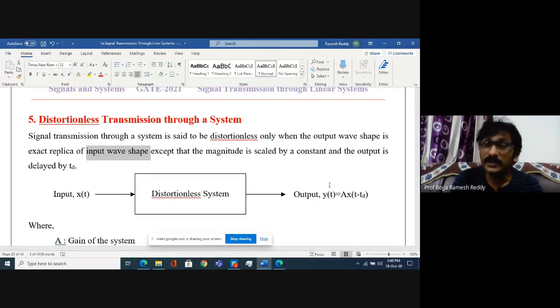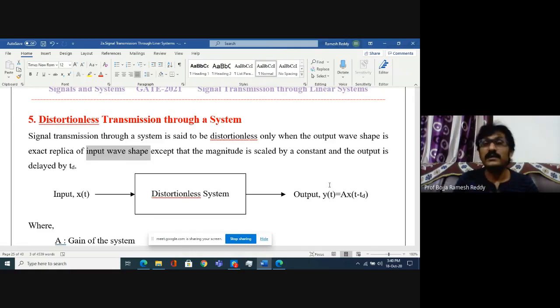The delay may be 1 microsecond, 1 millisecond or 2 milliseconds, like that. There may be a delay between output and input, that is possible always. And there is a gain, meaning output by input is not always equal to 1. Ideally, if output is exactly equal to input, then what is the gain of the system? Output by input is always 1. But that is not possible practically.